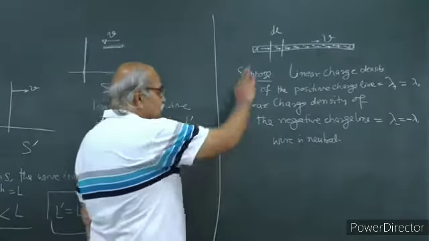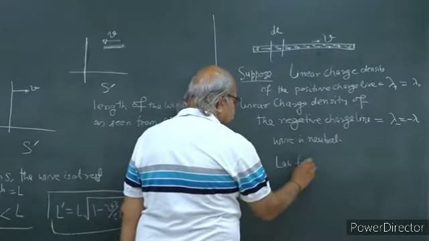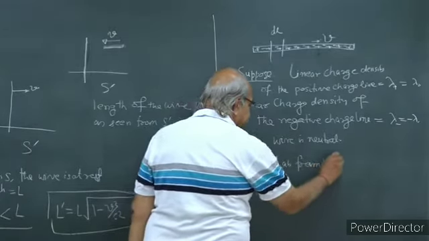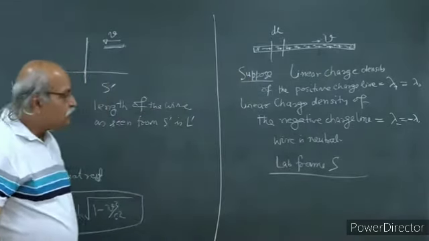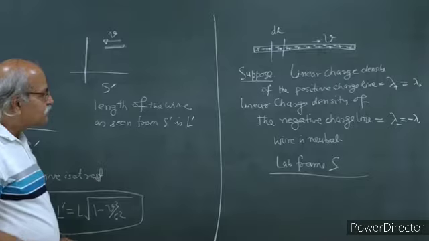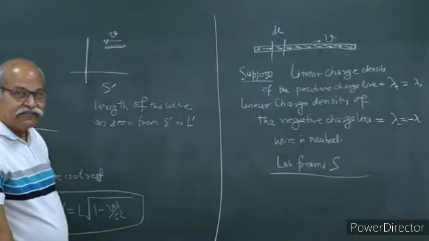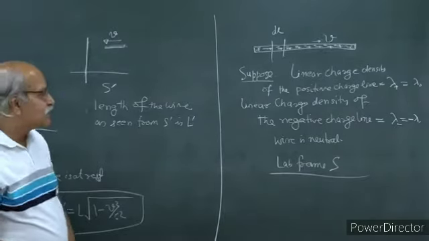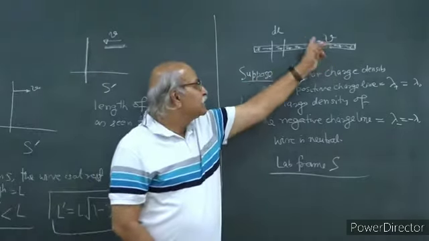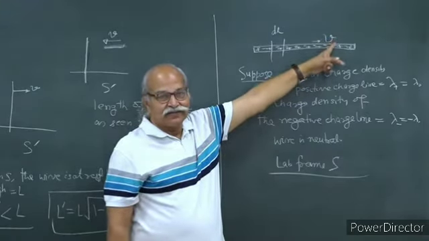Now, this description is from the lab frame, let us say, which is S. Now, suppose I look at this whole situation from a frame which is moving with respect to the lab with a velocity v, in this direction, towards the right on the board.